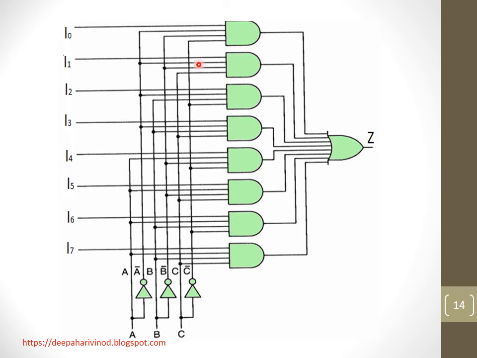So all inputs are given to the AND, and the output of all the ANDs is given to the OR gate, because in the Z equation we had a plus after each term. So the outputs of the AND gates are all ORed together. In this way we can implement an 8:1 mux using AND and OR gates.